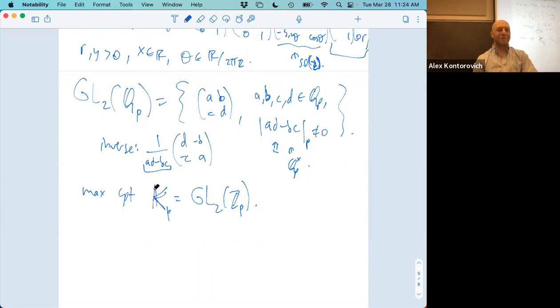Let me not take the time to prove that for you. It's not a hard exercise. It's the same as why Z_p is a maximal compact subgroup of Q_p. If you have anything outside of Z_p, you start taking multiples of it, and p will get arbitrarily far out.